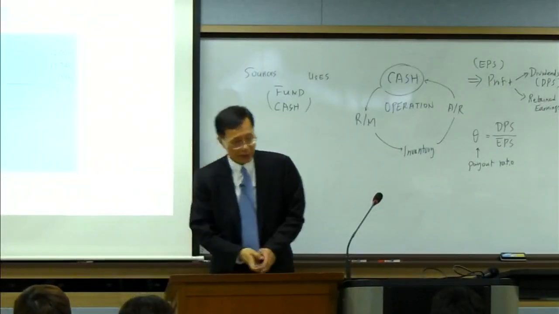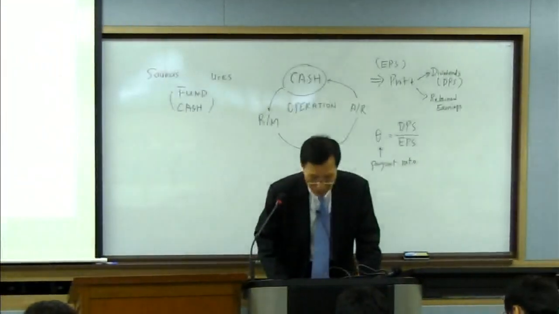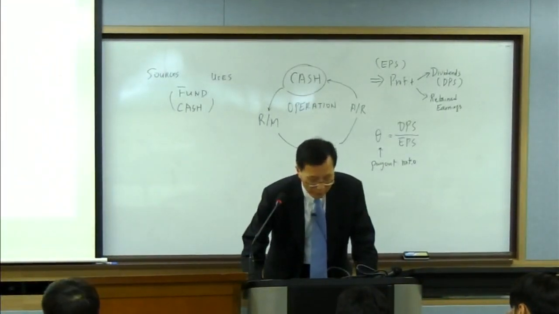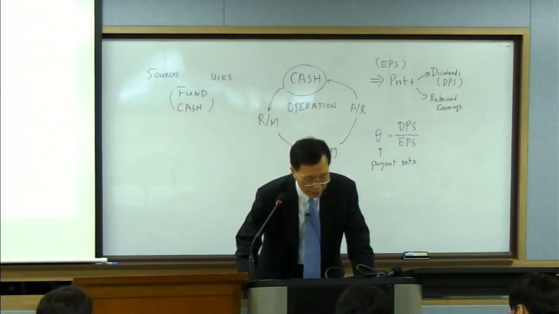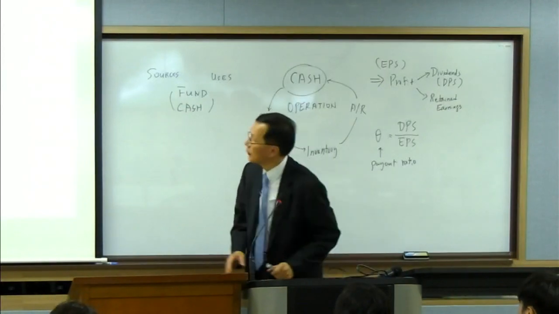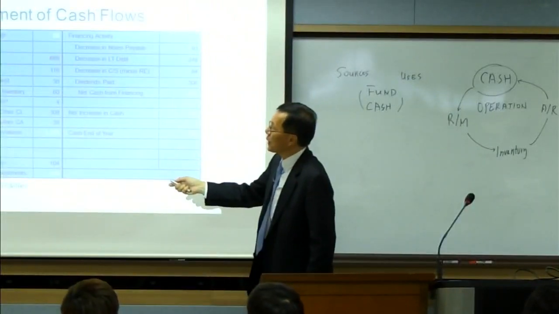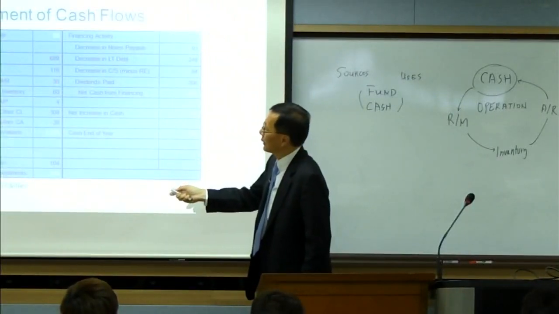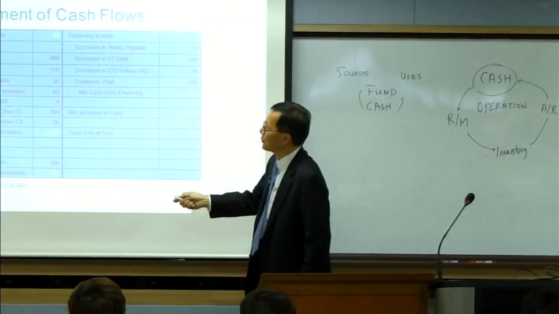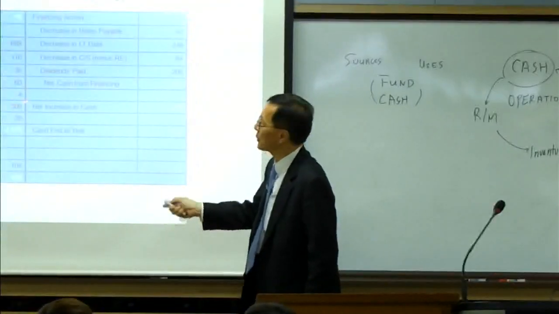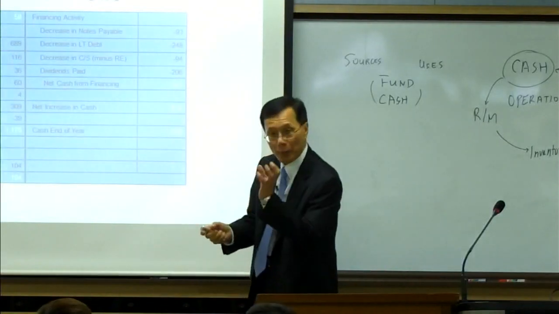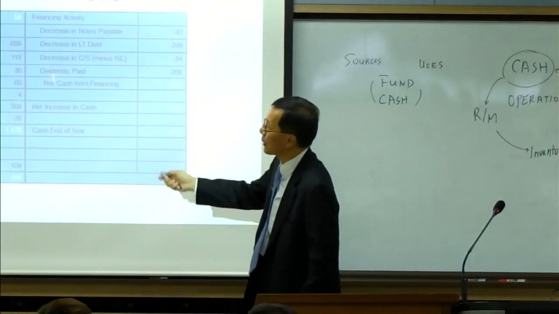That net income is translated into net income here. Depreciation, decrease in accounts receivable, decrease in inventory, increase in accounts payable, and increase in other current liabilities are all operating activity, and they're also included there.